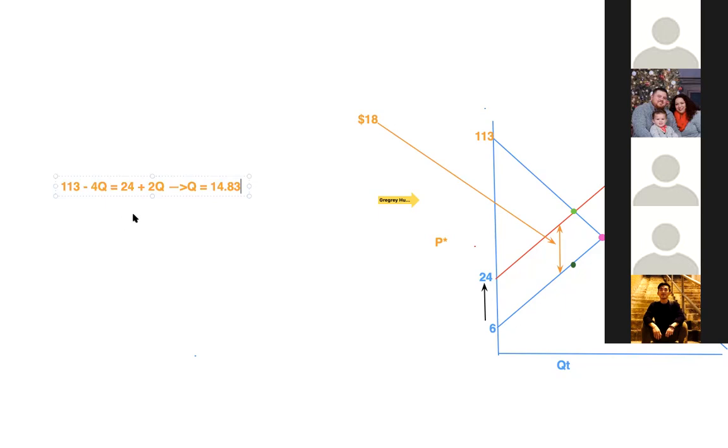And I'm sure that calculation is probably right. But what you found then is you found QT, right? Mm-hmm. And the question asked what? Do you remember? How much do buyers pay for the good? Yeah, well, QT is what?